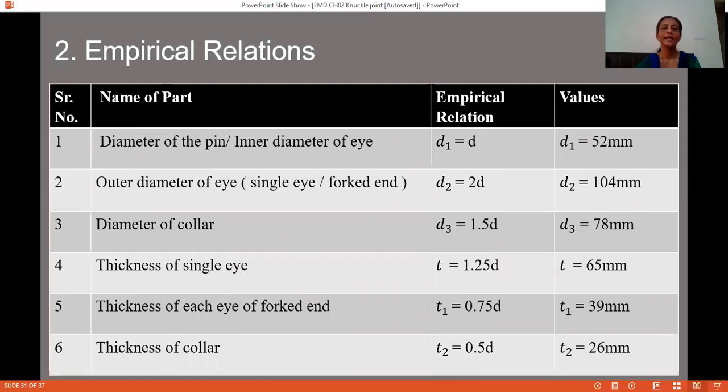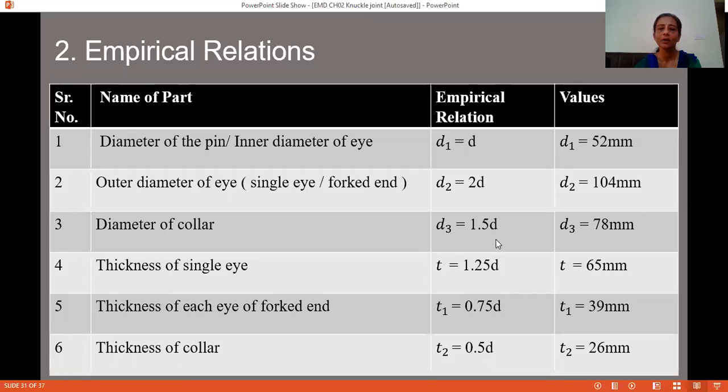Next, second step is empirical relations. In empirical relations, we will be calculating all other parameters by taking diameter of rod as reference. So we will be using this relationship. Inner diameter of eye D1 is equal to D, which is 52 mm. Outer diameter of each eye D2 is 2D, which is 104 mm.